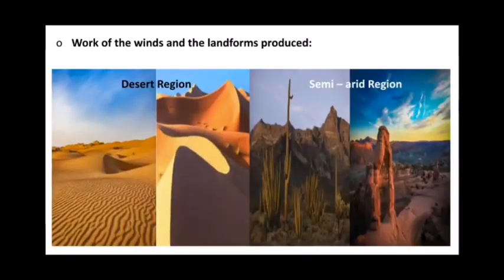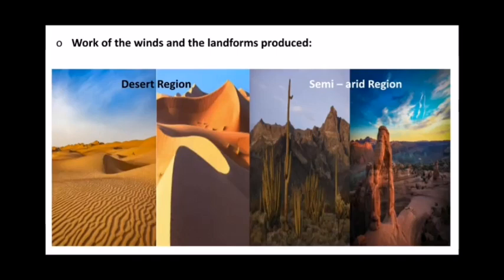Next we will do the work of the winds and the landforms produced. So children, you have learnt earlier that the movement of air is called wind. Wind is a gaseous agent of erosion. As you all know, we cannot see wind.